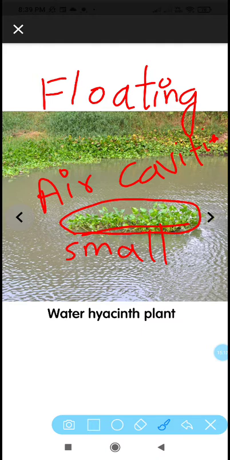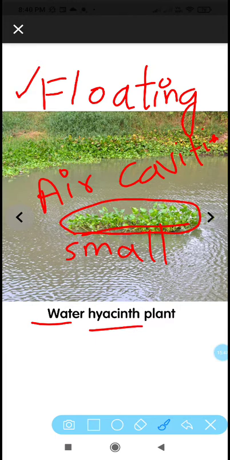So that is one permanent adaptation in aquatic plants. Right? They appear spongy because of air cavities. Leaves filled with air, stem filled with air. These air cavities are helping the plant to float on the water. Understood? So water hyacinth is a floating plant.